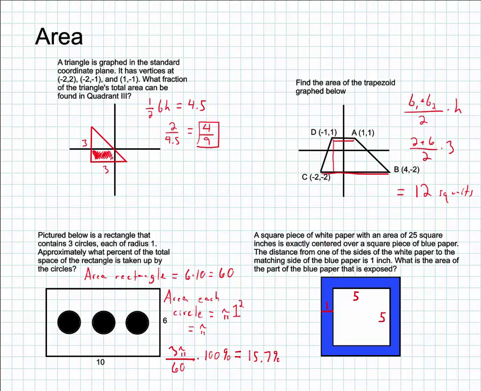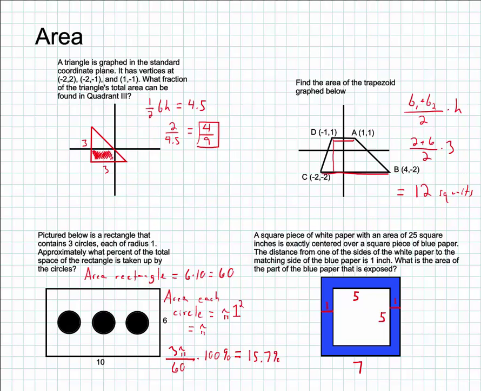Because this paper is exactly centered over the blue paper, we can figure out the total length of the sides of the blue paper. So we'll take that 5 and add the 1 inch, and then add the 1 inch on the other side. So now we know that the length of one of the sides must be 7.